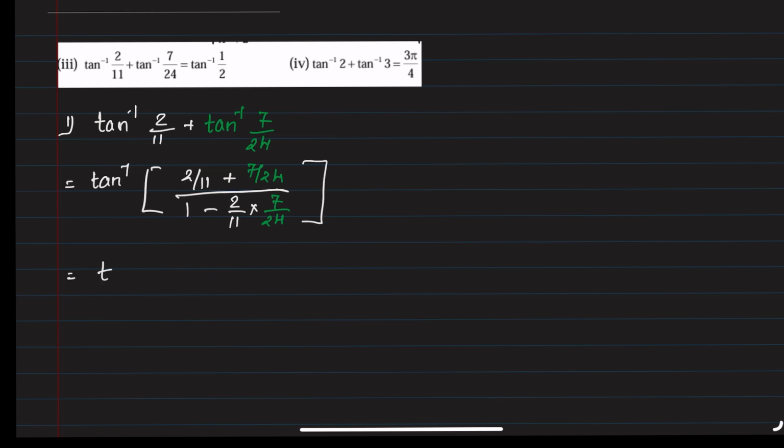which will be equal to tan inverse, taking the LCM, 24 2s are 48 plus 7 into 11 is 77, upon 24 into 11, 240 plus 24 is 264, minus 14.